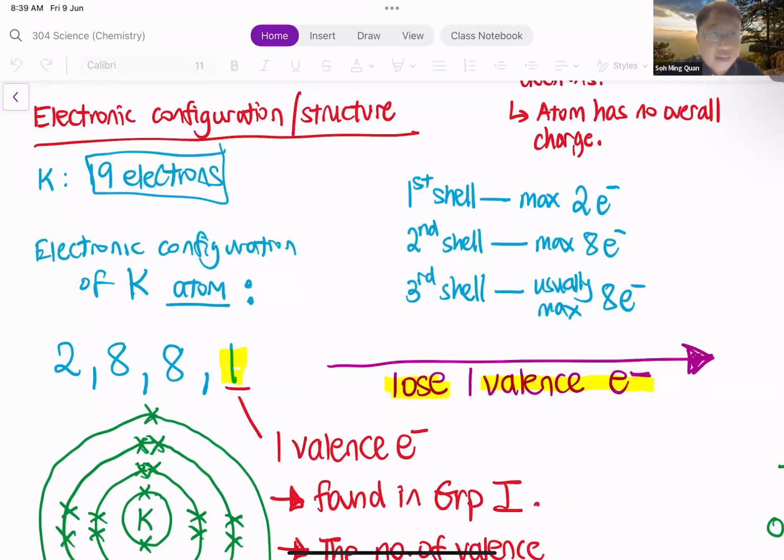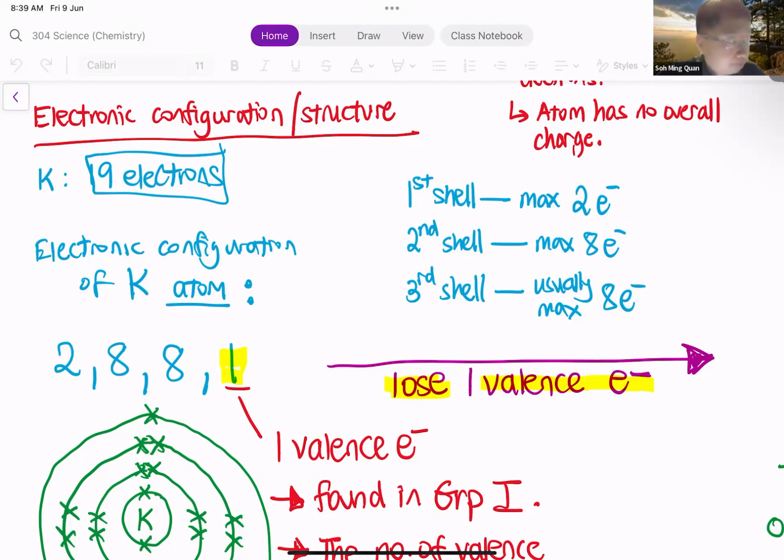So not all 19 can fit into the first shell because there are rules that dictate how many electrons each shell can contain. So the first shell contains a maximum of 2 electrons only. The second shell contains a maximum of 8 electrons. The third shell usually contains a maximum of 8 electrons as well. So potassium, 19 electrons, so it's 2, 8, 8, 1.